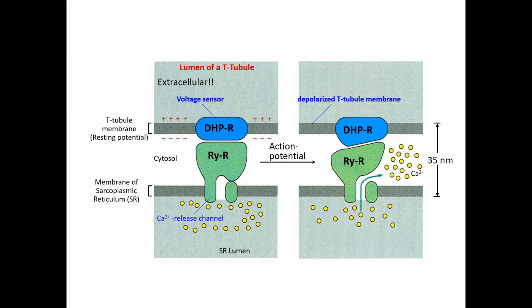So you see these differences between the skeletal and heart muscle. Even though both of them have DHP receptors and ryanodine receptors, one is independent of outside calcium, which is the skeletal muscle, and the other one needs calcium-induced calcium release.